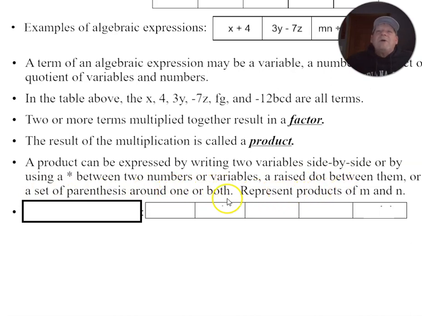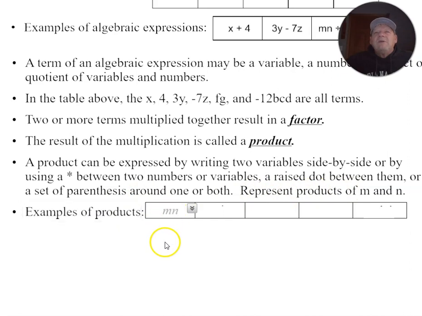If we want to represent the product of m and n, we can do it several ways. Just write mn, m asterisk n, m raised dot n. We can put parentheses around the m and not around the n, or around the n and not around the m. And then you could put parentheses around both of them.